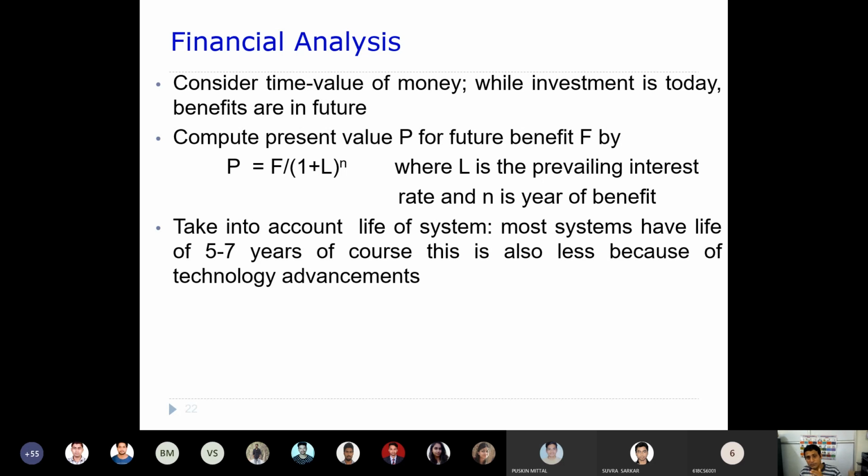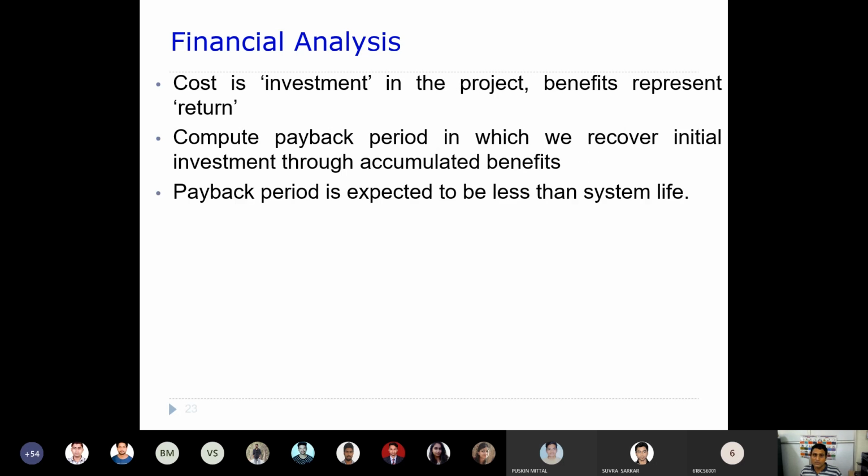Think of it like this: today you bought a vehicle, a car. After 5 years, when you sell that vehicle, will you be able to sell it at the price you bought it? No, you will not. Definitely the price will be reduced. So you need to take this into account when you are analyzing the financial things.